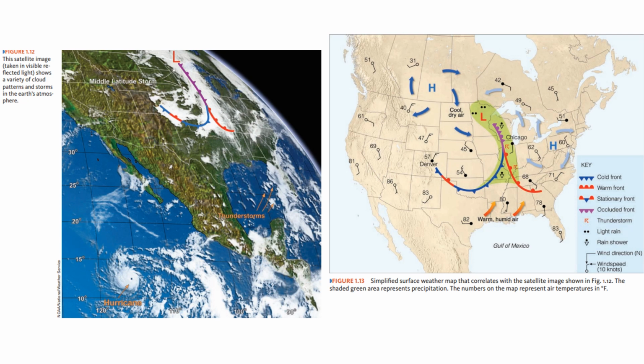In these figures, the left side figure is a satellite image taken in visible reflected light, showing a variety of cloud patterns and storms in the Earth's atmosphere. You can see in here, on the left side, there is a middle latitude storm. The middle latitude storm is not a tropical storm.